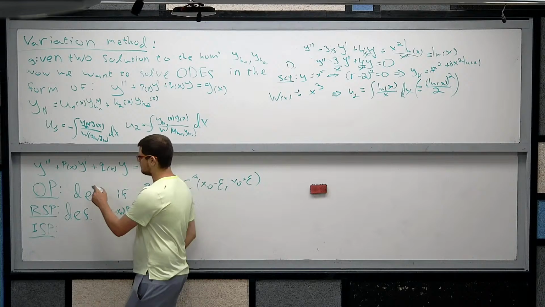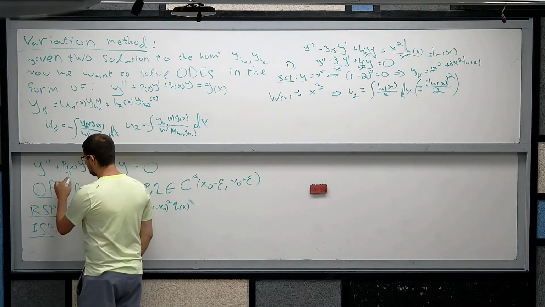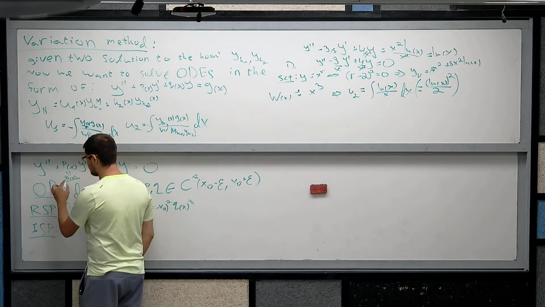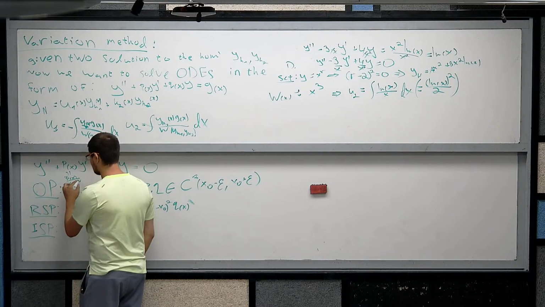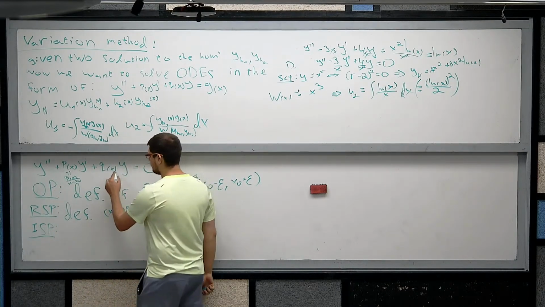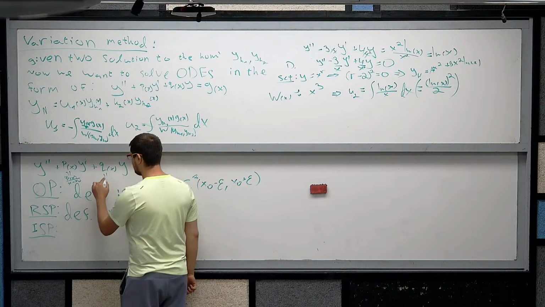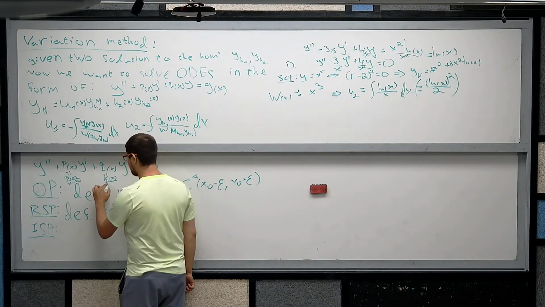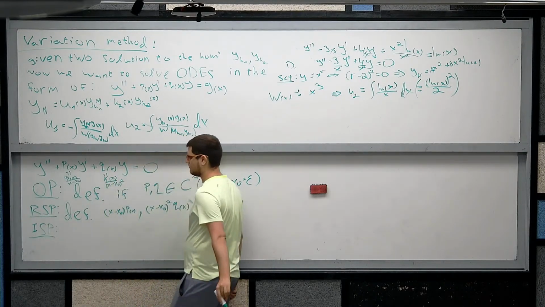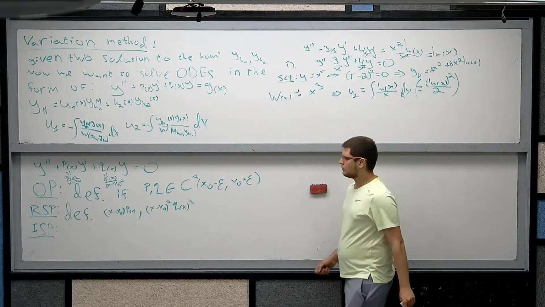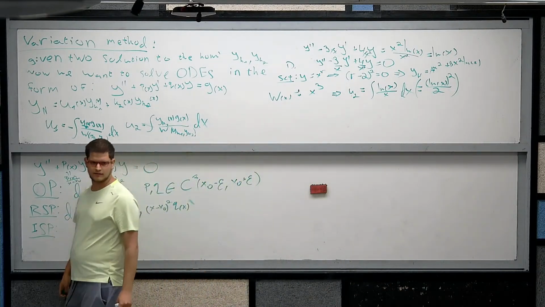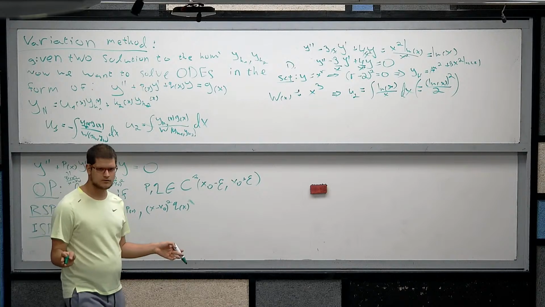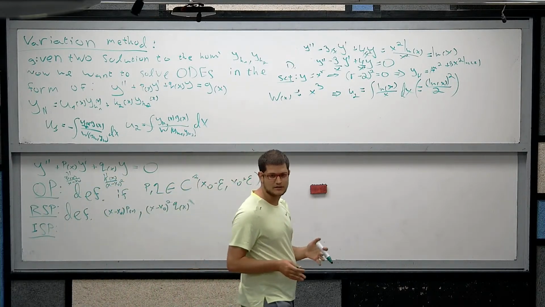I can call P to be P tilde of x divided by x minus x0, and Q to be equal to Q tilde of x divided by x minus x0 squared, where Q tilde and P tilde are analytical everywhere in a small environment, right?